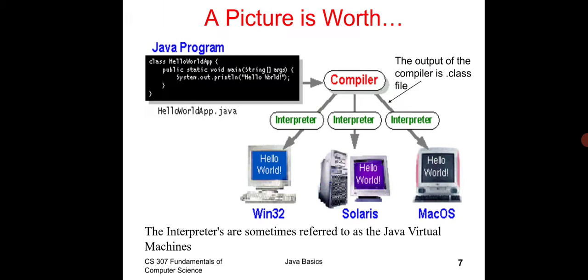Then void: it cannot return anything, so we have mentioned that as void. Then main is the method name. String arguments: in the sense it can pass an argument value as an array data type. Then System.out.println.